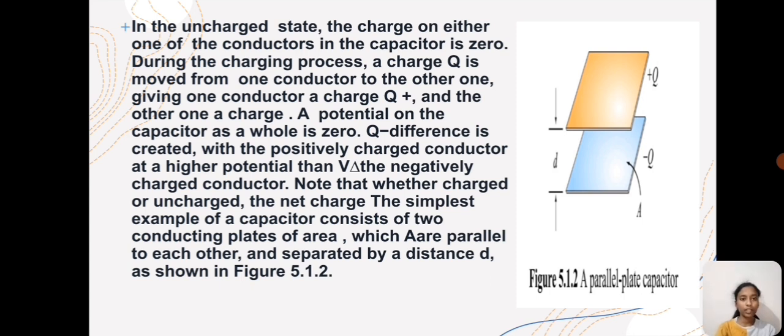A potential difference delta V is created, with the positively charged conductor at a higher potential than the negatively charged conductor. Note that whether charged or uncharged, the net charge is zero. The simplest example of a capacitor consists of two conducting plates of area A which are parallel to each other and separated by a distance d, as shown in figure 5.1.